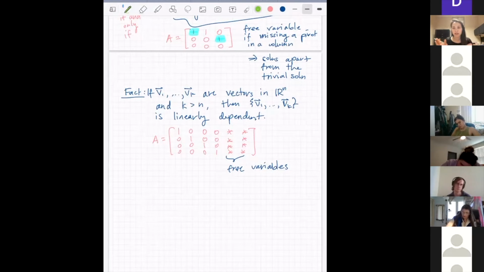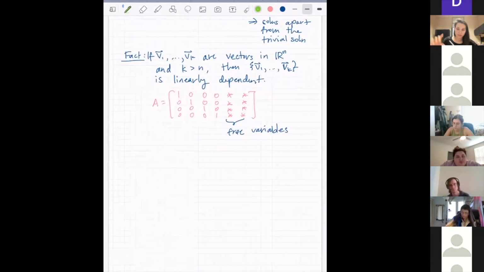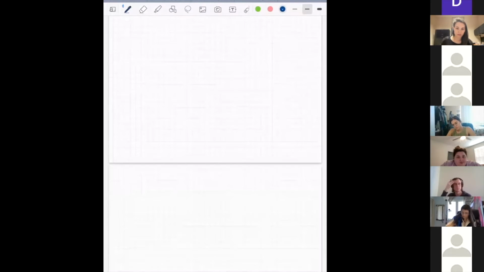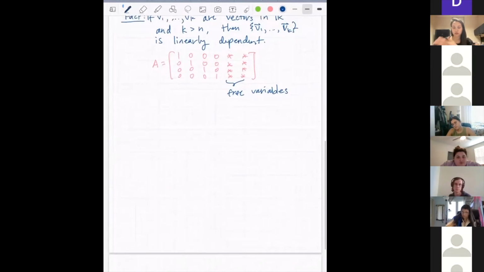You sort of run out of room, right? You span the whole space and then you have no more room to have another linearly independent vector, okay? All right, so there's a few different ways of thinking about this. Yeah, this is linear independence. We'll be coming back to this. So hopefully we'll get used to it eventually.